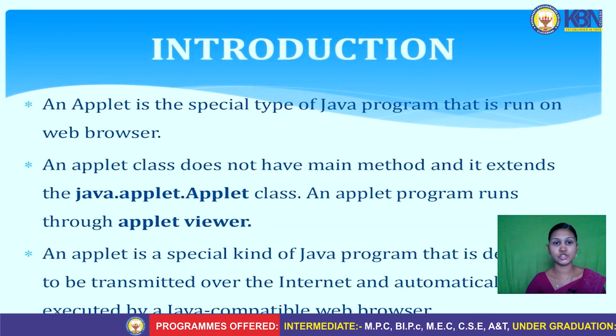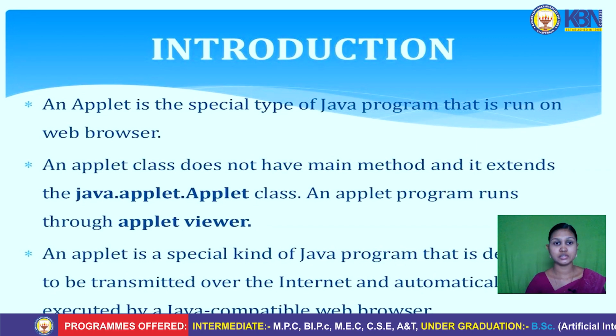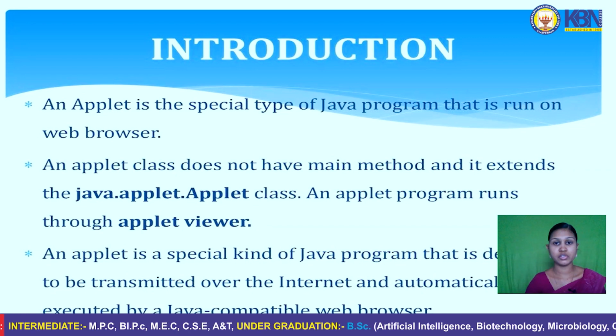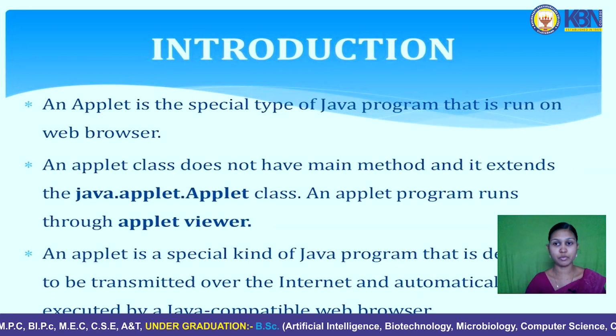Now coming to the introduction, an applet is also a Java program, but the difference between a normal Java program and an applet program is this: a normal Java program we run in the command prompt.